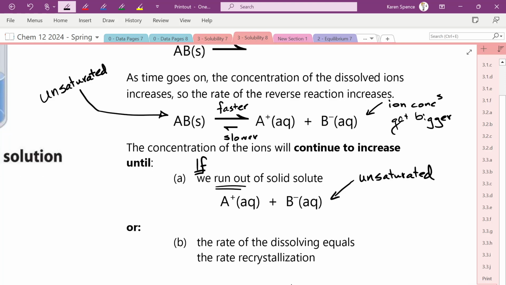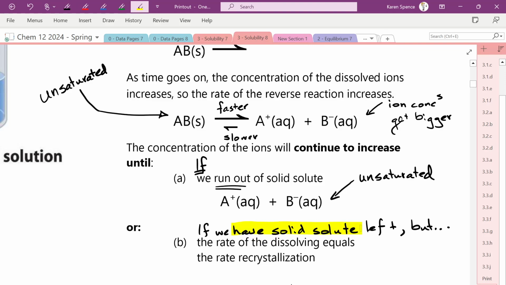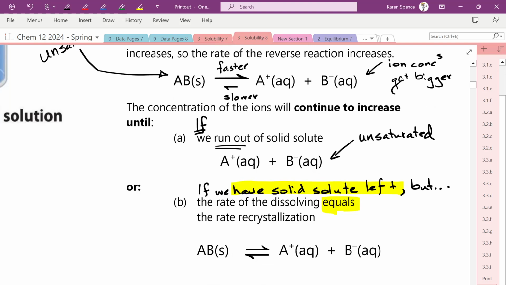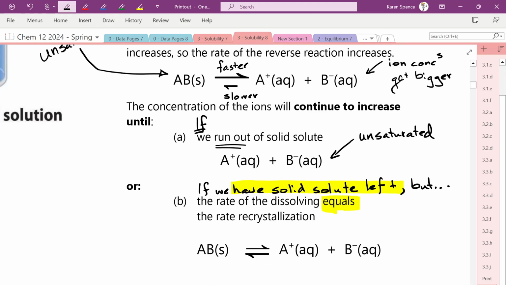Or we can get to the point where we have solid solute left, but the rate of dissolving is equal to the rate of recrystallization. So the forward and the reverse are equal.